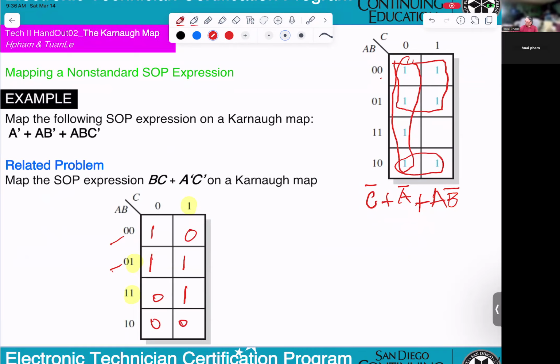So you can look, and they will be not A, not C.